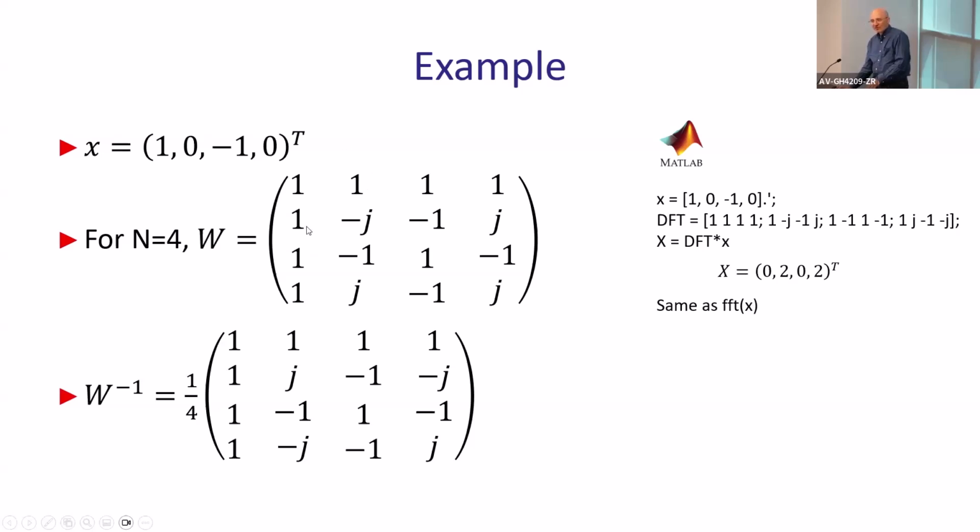I'm just copying that as a MATLAB command. And then to get capital X, I'm multiplying that original vector x by that matrix from the left. And then I get 0, 2, 0, 2. And if you run the FFT command in MATLAB on that vector, you will get these 4 numbers. Same thing. This is what FFT is doing, fast Fourier transform.